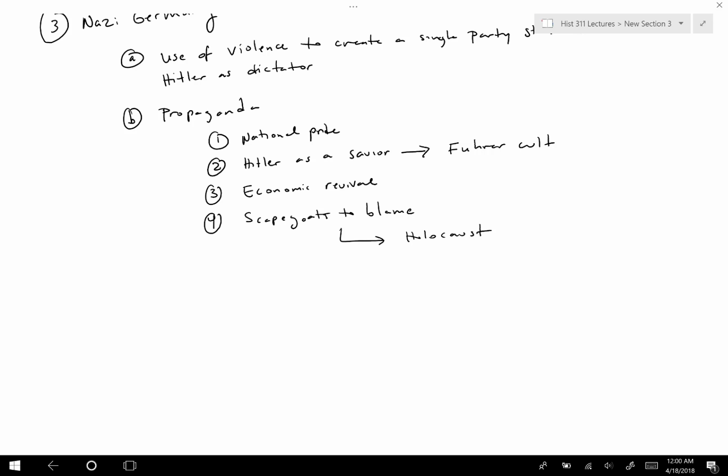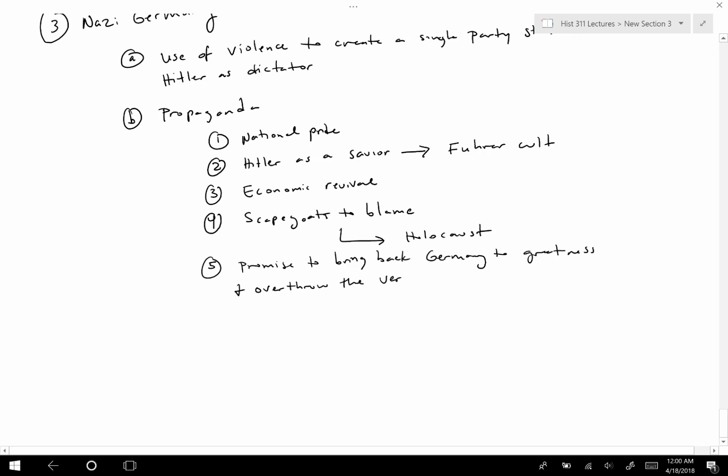He promised to bring Germany back to national greatness and overthrow the Versailles Treaty. And for many people, this was appealing. It kind of targeted all of those aspects.